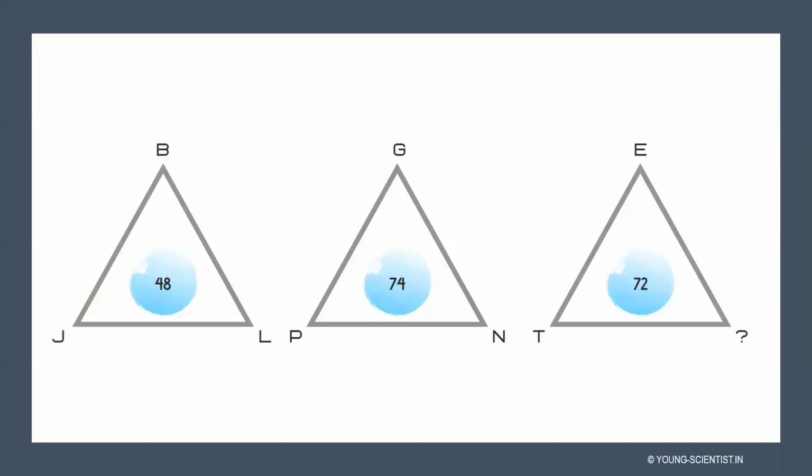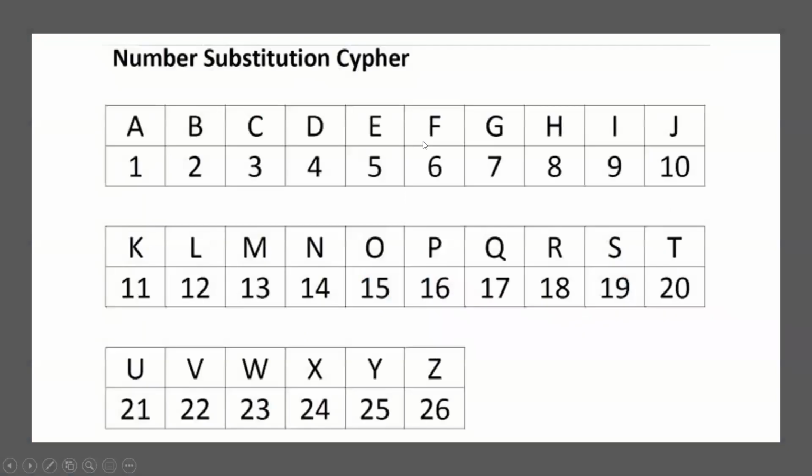And then you'll find that there is a simple relationship between those numbers for each triangle. And yeah, once you follow this train of thought to the end, you will realize that the answer is indeed K. All right. And this number substitution cipher is also used in cryptography, sending secret messages.